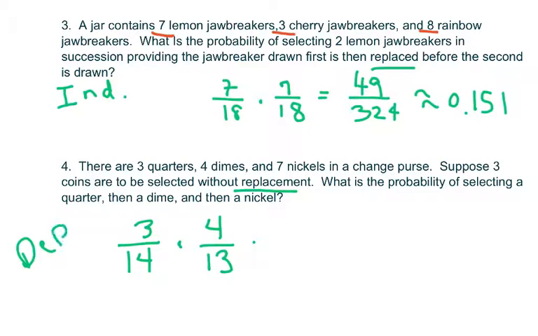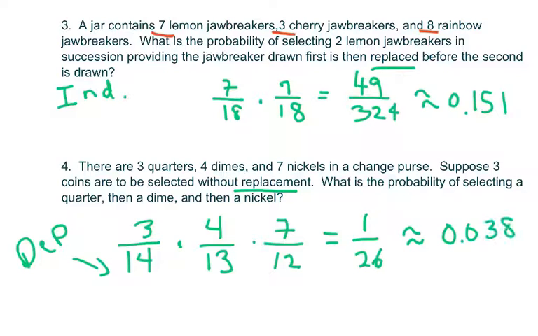That means my denominators are different. They usually go down by 1. And then we need to select a nickel. We still have 7 nickels, but we only have 12 coins. So this equals 1 over 26, which is approximately 0.038.